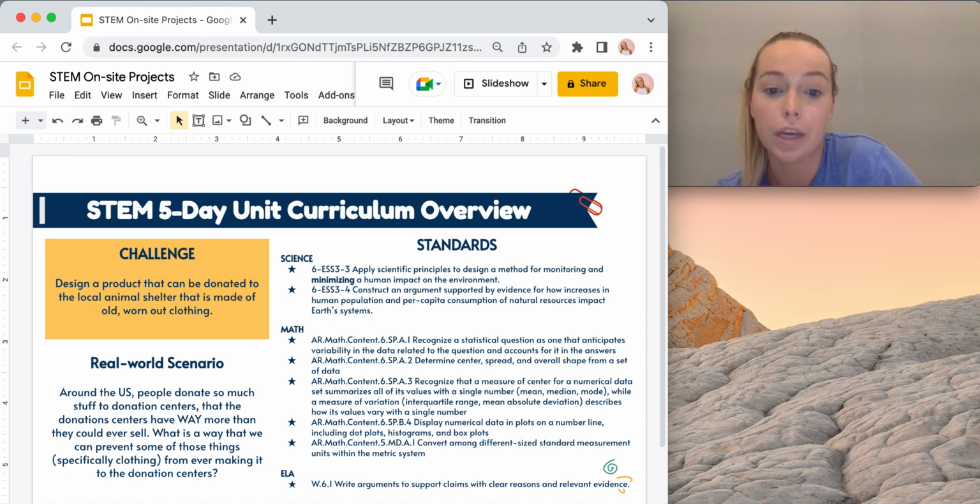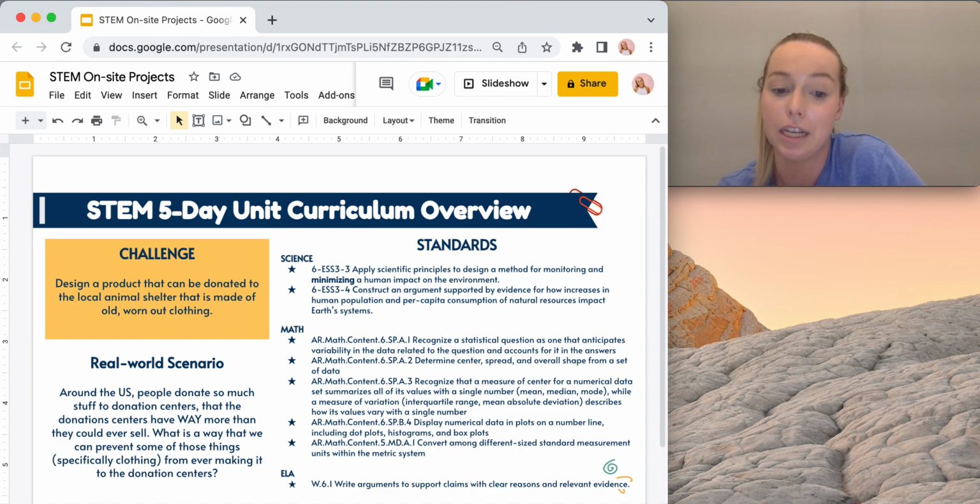And so we focused on the 4 statistics standards that the Arkansas academic standards lay out, which is everything from recognizing a statistical question, determining spread and shapes of data, recognizing mean, median, and mode, and then also being able to display your data in a graph.